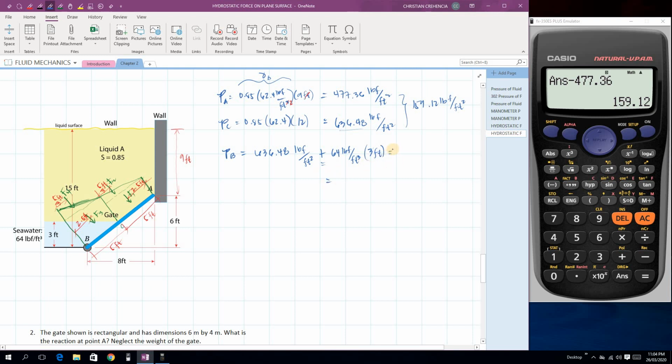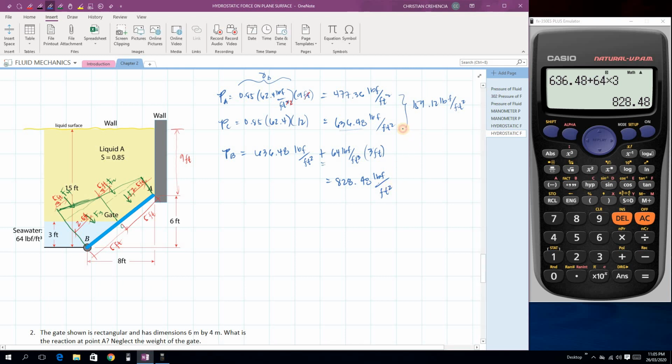Okay, so makuha natin yung pressure. So 636.48 plus 64 times 3. So meron tayong 828.48 pound force per square foot.